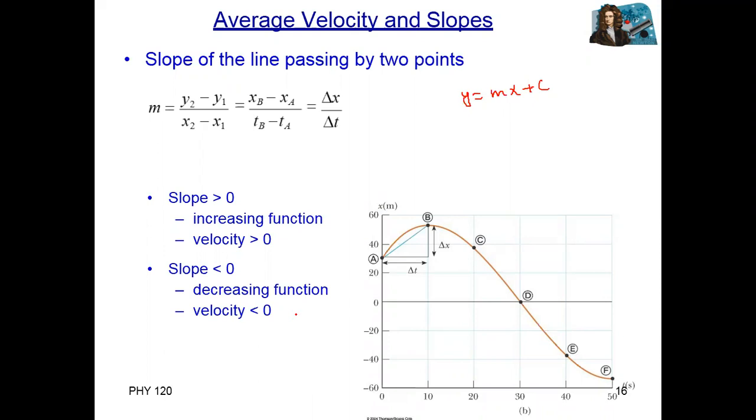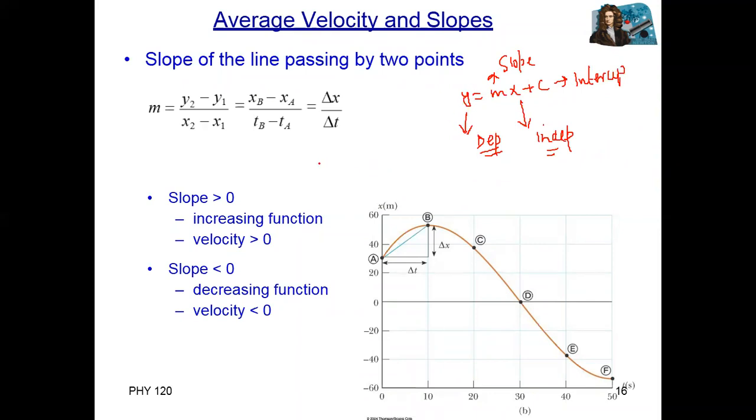Y is called a dependent variable, x is the independent variable, m is slope and c is the intercept.